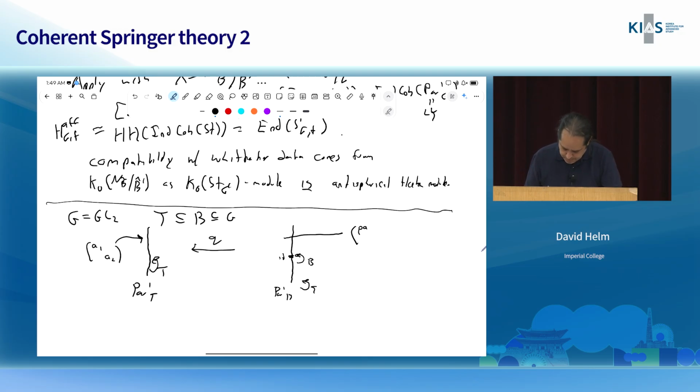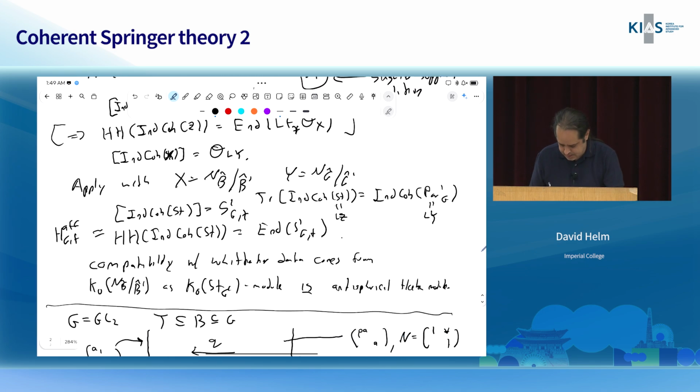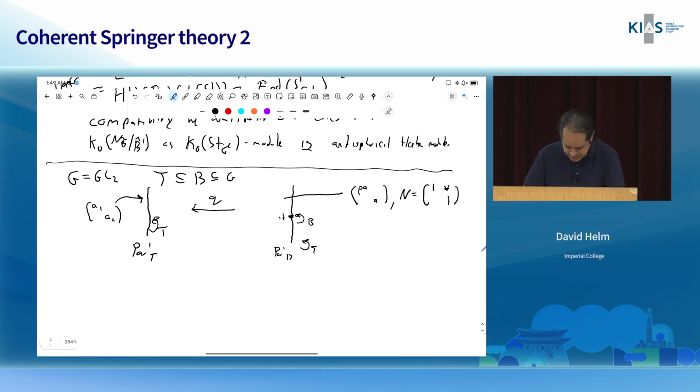So these are the points of the form, let's say, (p, a) and then an N of the form 1 star 1. And this still has an action of T on it, but now T can move the monodromy operator around.